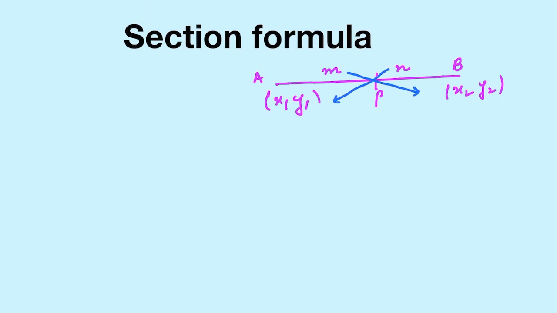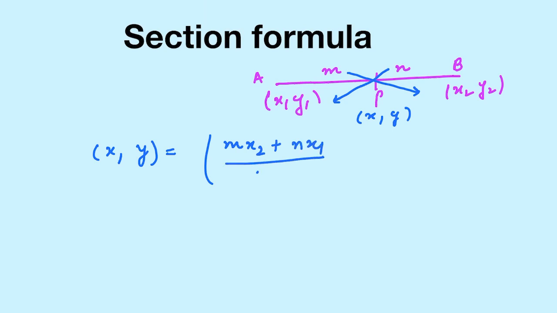That means the coordinates of the point P(x, y) is given by, it's in cross, so m will get multiplied with x2 plus n x1 upon m plus n. Similarly, the y coordinate is m y2 plus n y1 upon m plus n.